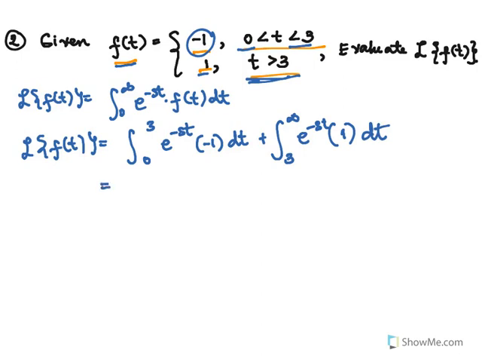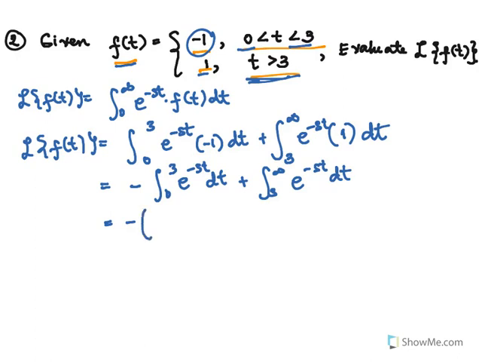And we can evaluate now, just like what we did on the first example. In general, this one is negative integral from 0 to 3 of e to the negative st dt plus integral from 3 to infinity of e to the negative st dt. So this is just negative of negative 1 over s e to the negative st evaluated from 0 to 3 plus negative 1 over s times e to the negative st evaluated from 3 to positive infinity.